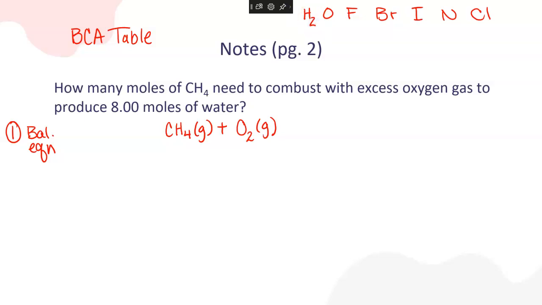We see oxygen gas, it means O2. Fluorine, bromine, iodine, nitrogen, and chlorine, those all follow the same process. So when we see nitrogen gas, it means N2. Bromine gas is usually liquid, but elemental bromine is Br2. These are diatomic elements, just to clarify a few things, because it's going to come up.